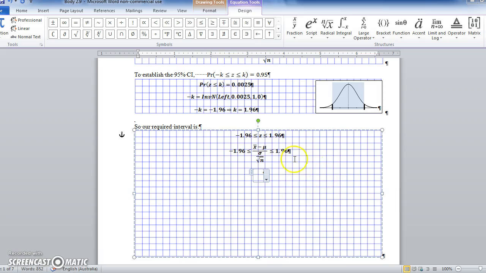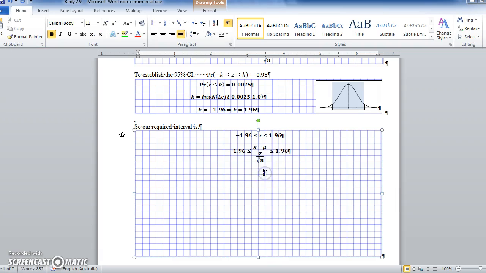And then if we take this interval and multiply both sides of our equation by sigma on root n, then we have an interval for x bar take mu. Now the reason we can multiply all of these sections by sigma on root n is because inequalities work exactly like equations.